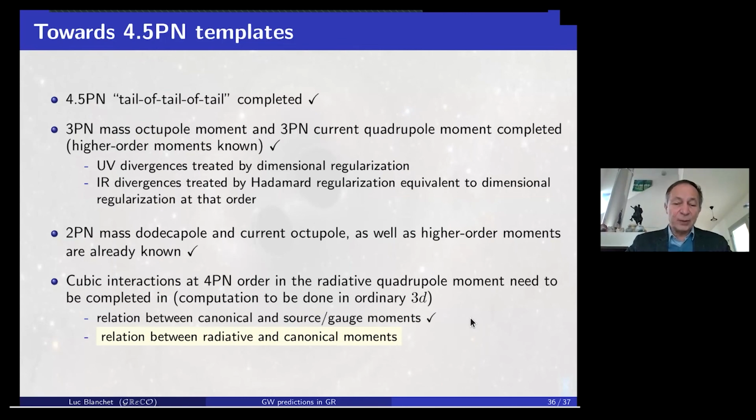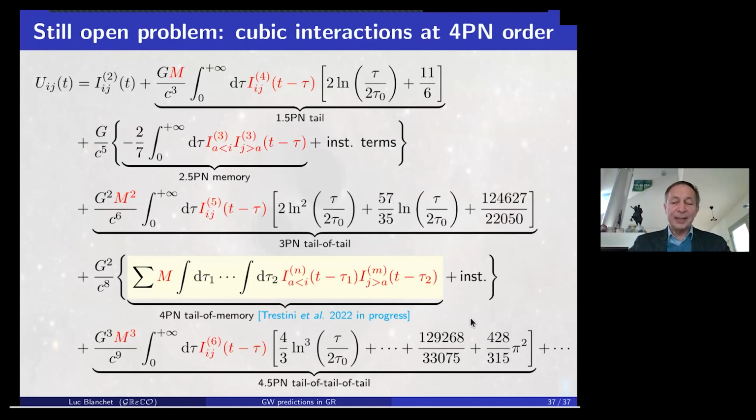And let me just flash by this final transparency, sorry for the technical formula, to show what exactly remains to be done. When you have the quadrupole moment, which is measured at infinity, this is the so-called radiative moment, there is a relation between that moment and the quadrupole moment of the source.